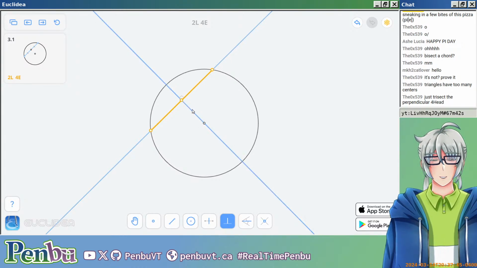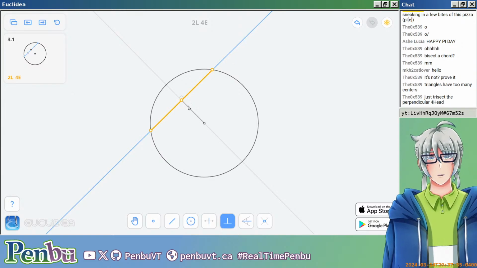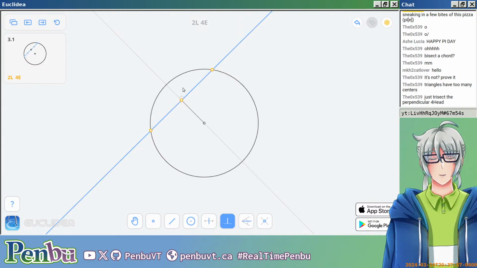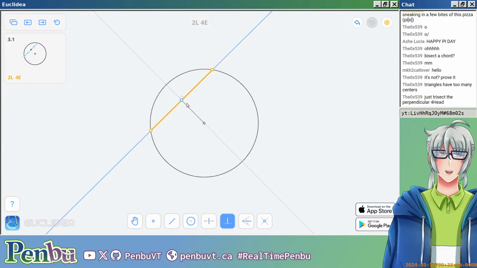And so if you drop a perpendicular to the radius, you will end up with the chord. Because it has 2 equal parts, it has to be perpendicular? I don't remember how that goes, but yes.